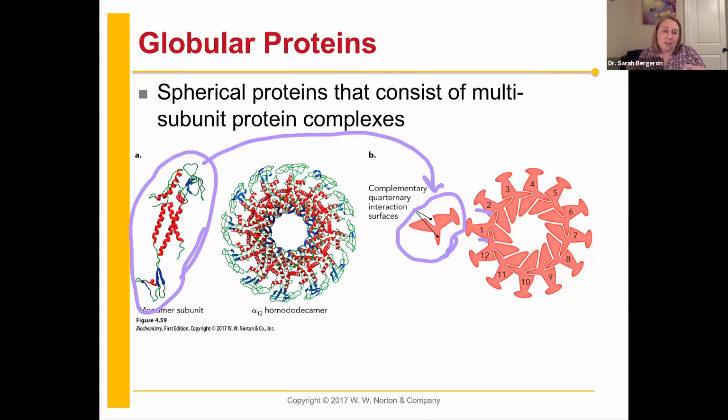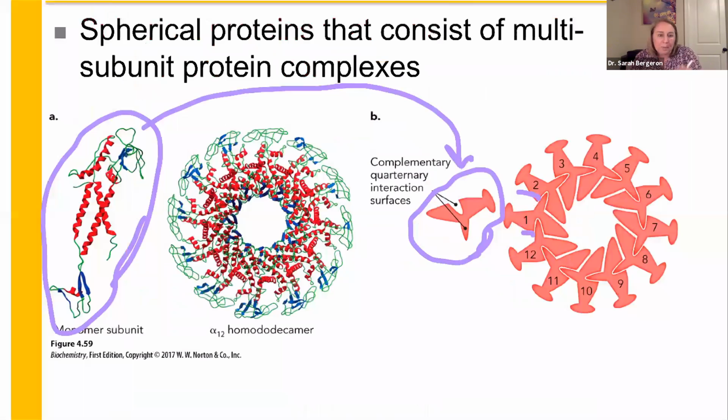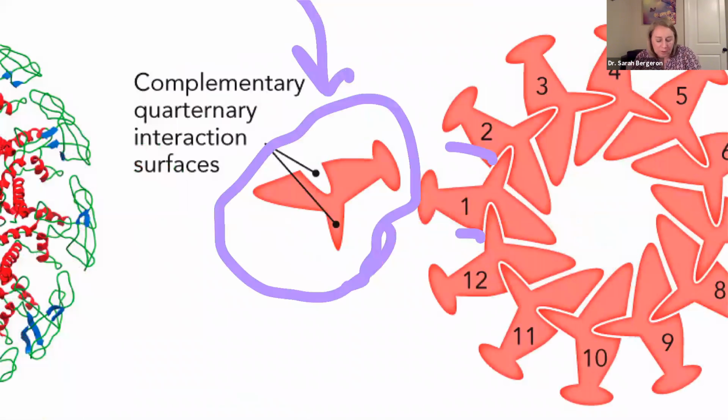And so what this actually does in the bacteriophage is it assembles and then it guides newly replicated viral DNA to be placed inside of the viral capsid before the cell can lyse. And so what you can see is that any of the subunits, if I can zoom in, has 2 protein-protein interaction surfaces.